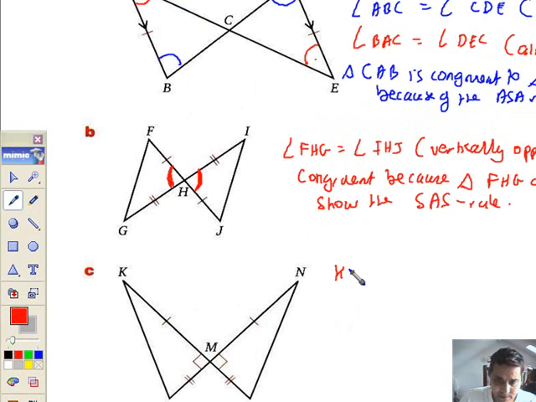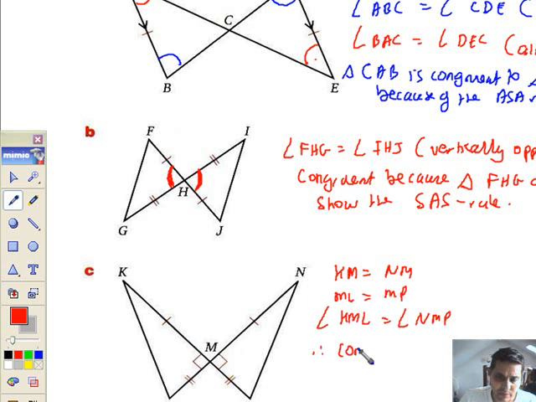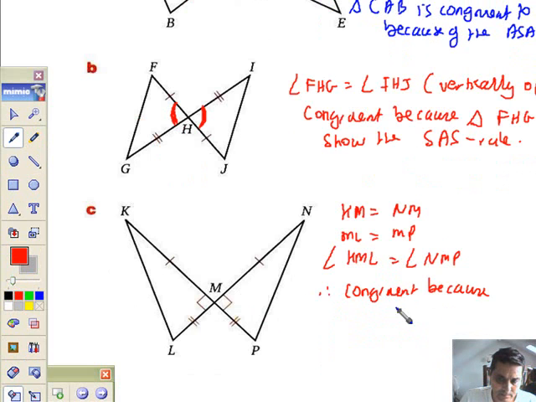Let's state the obvious. KM equals NM in terms of length, and I've got ML equals MP, and I've got angle KML, that one, is equal to angle NMP, therefore congruent, because of the side angle side rule, SAS rule.